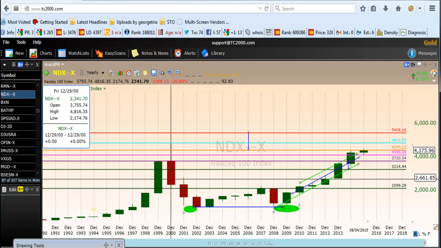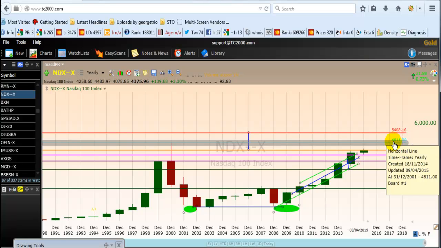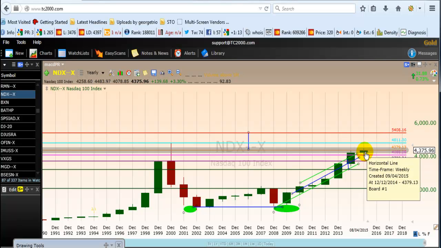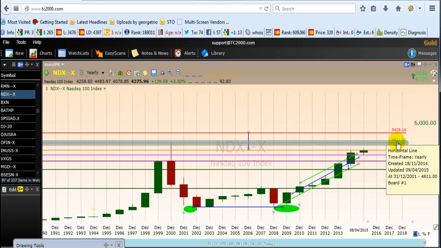The high of 2000 is 4816, but for resistance level 2, which I like to call the ultimate resistance, instead of 4816, I prefer traders to use 4811. So if the bullish momentum continues and you notice the price in this zone of 4811, stay away for a while, all right? Take profit and stay away. Let other traders do the breakout, the retest, and the turnaround before you come back again, all right?